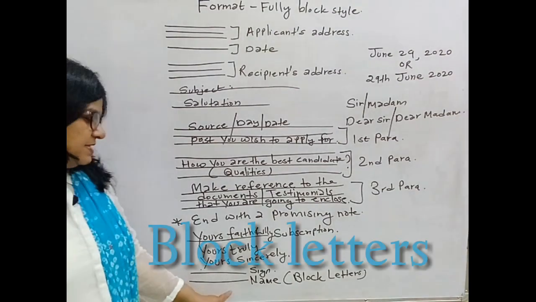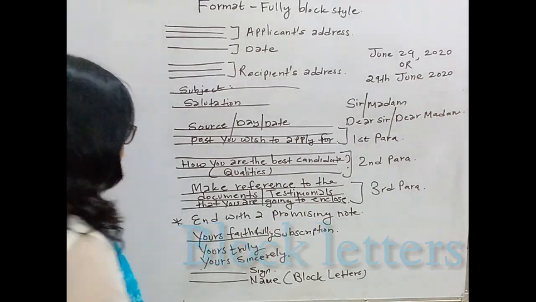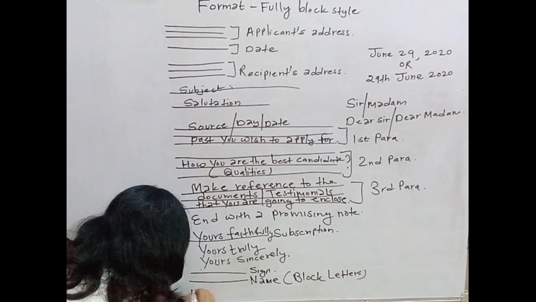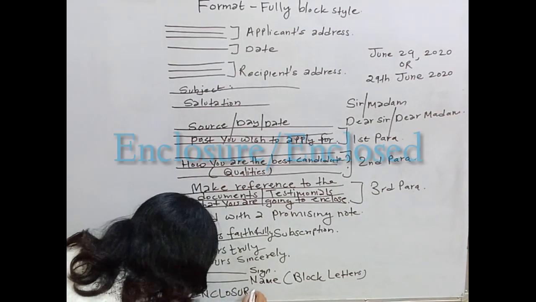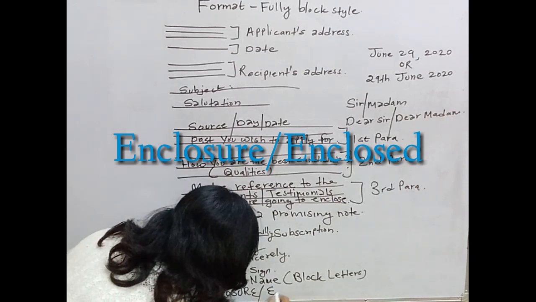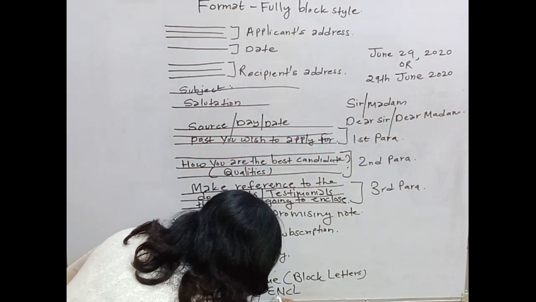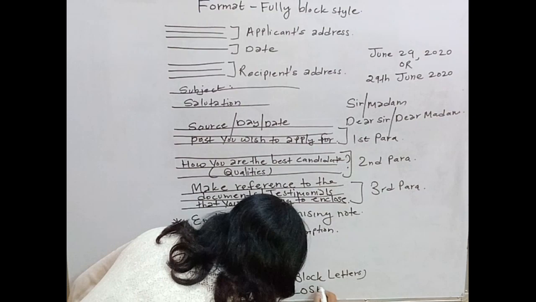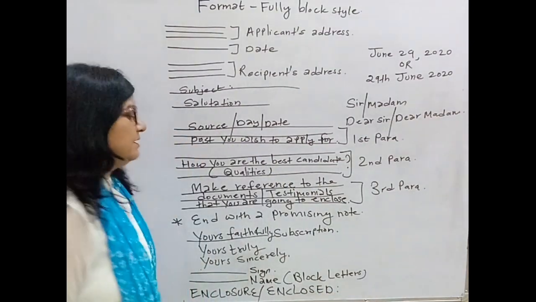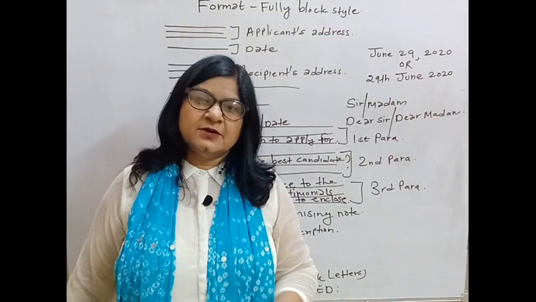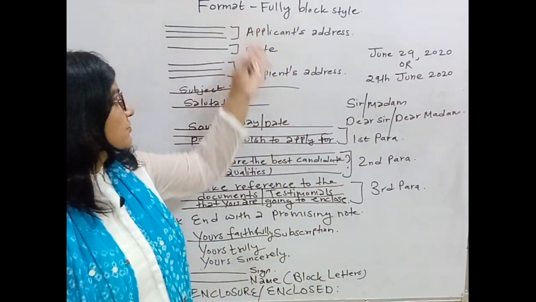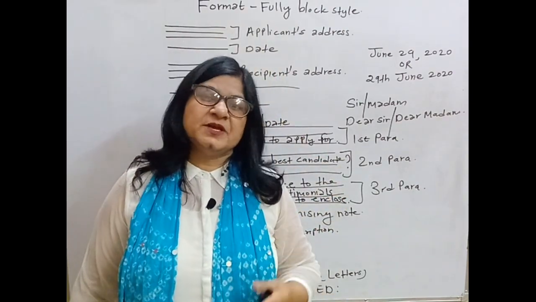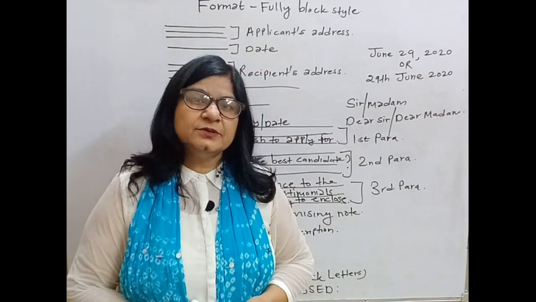And then students leave a line and write enclosure or enclosed, and put a colon. So the cover letter will be in a single page. I have written the format, and on the next page you have to write your biodata.